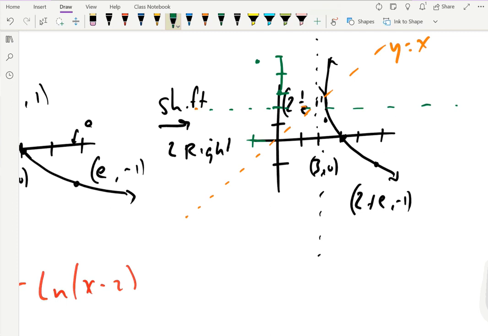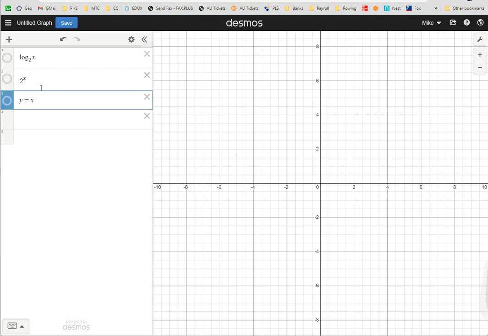Then we'll also have 2 and a little bit, so 2 plus 1 over e, at 1. 2 and a little bit is going to be up here. So my graph is going to look something of this sort. That would be my reflection over the line y equals x. Let me go ahead and put this back in Desmos here.